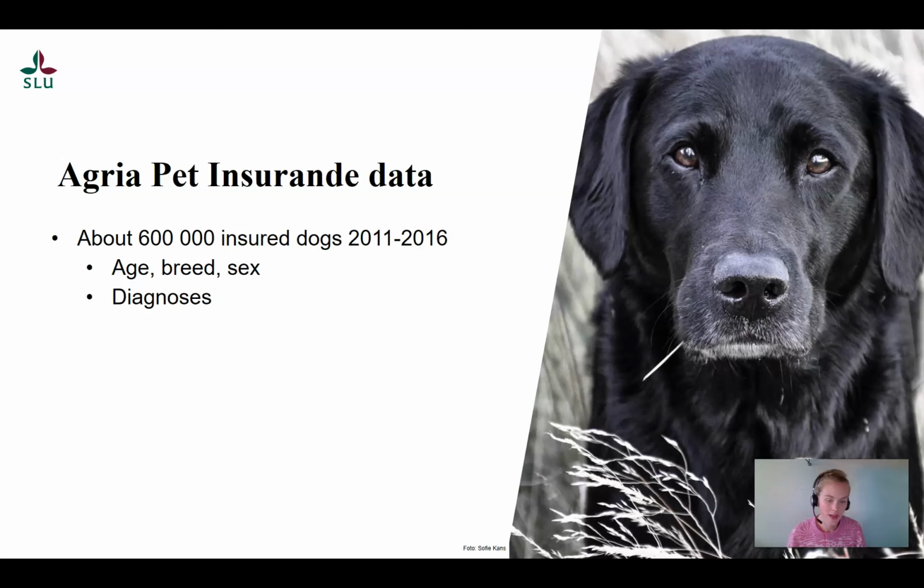I just want to add that it wasn't possible for us to connect information to a specific individual, because the data was anonymized when we received it. We wanted to know, as I said, which dogs were affected by knee joint disease in general and also by cruciate ligament rupture.